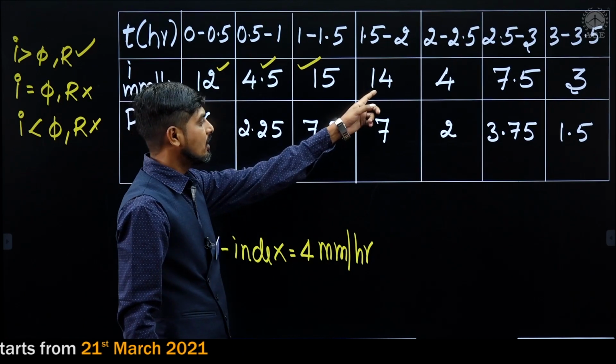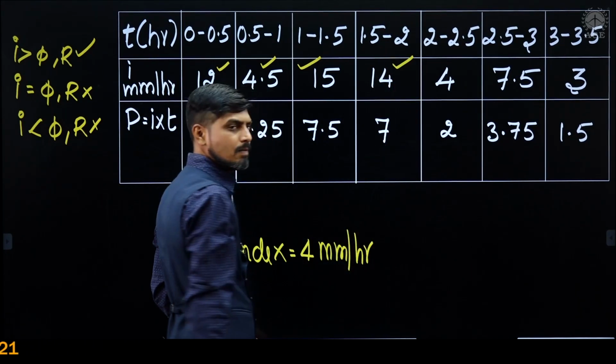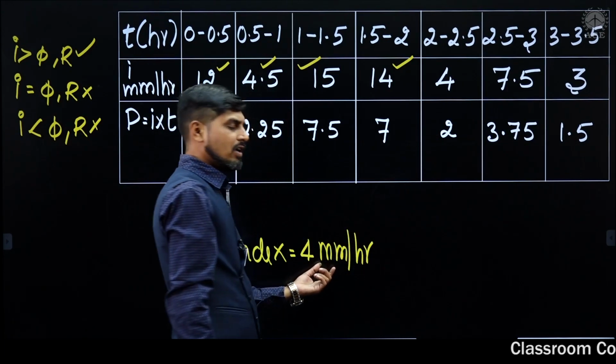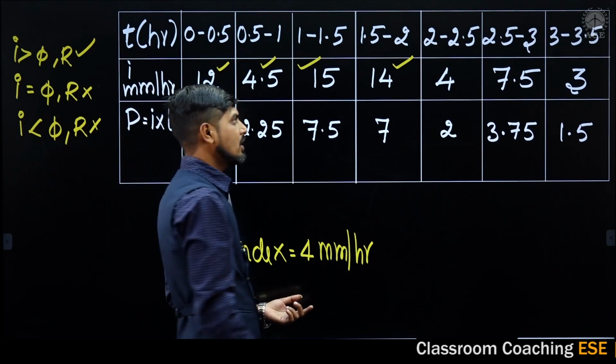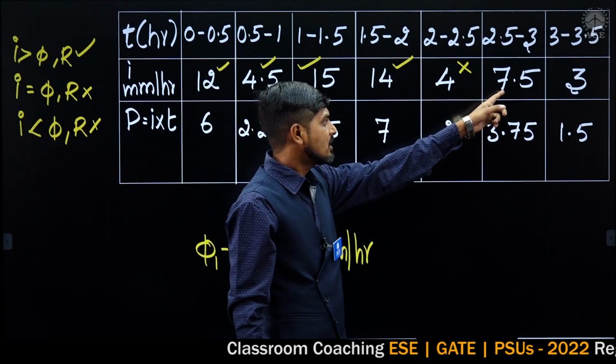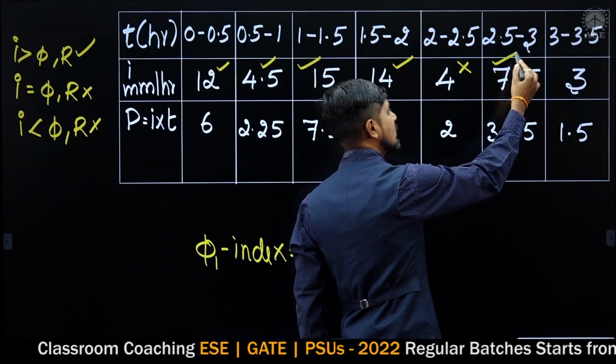Now check here, 14. 14 is greater than 4, so there will be runoff here. Intensity is 4, phi index is 4, so here you don't observe runoff. Intensity is 7.5, phi index is 4, there will be runoff.